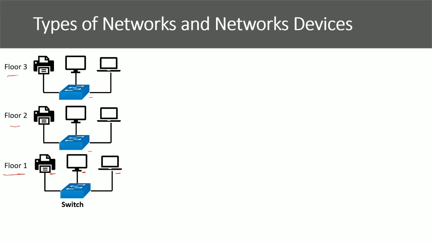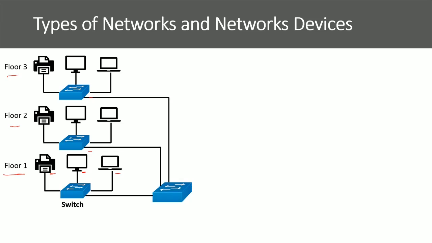In this case, we need to connect these switches to each other by using a larger switch, usually called a distribution switch, or sometimes we call it a core switch. We will discuss these terms in more details in the last day, day 5, when we discuss network designs. The switch that's used to connect devices on the same floor is called an access switch, and this will be discussed also in more details in day 5.